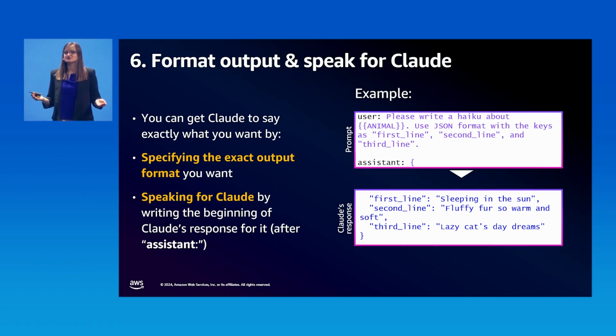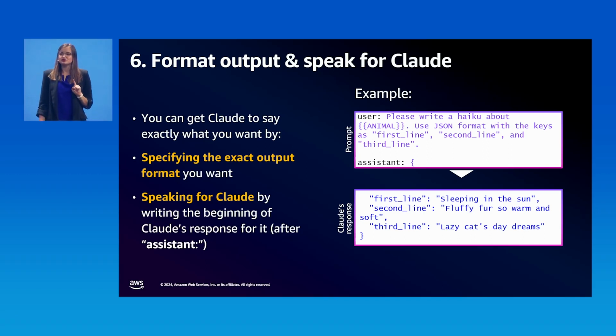A very common use case that we observe from our customers is JSON files or YAML files that have a certain structure, and we would like to get exactly files in this structure once we get the response from LLMs. Here in the example we are pre-filling for JSON files just by using a first curly bracket, which of course increases the likelihood of us getting a JSON file as the response.